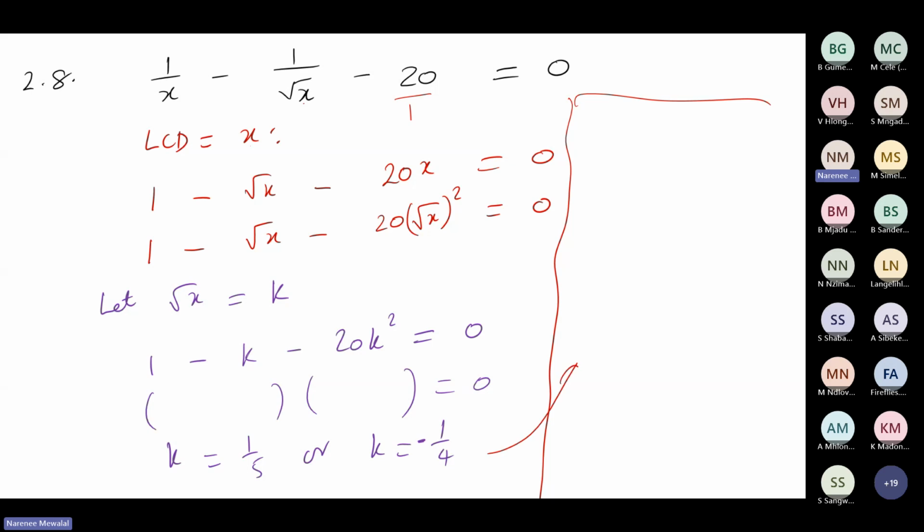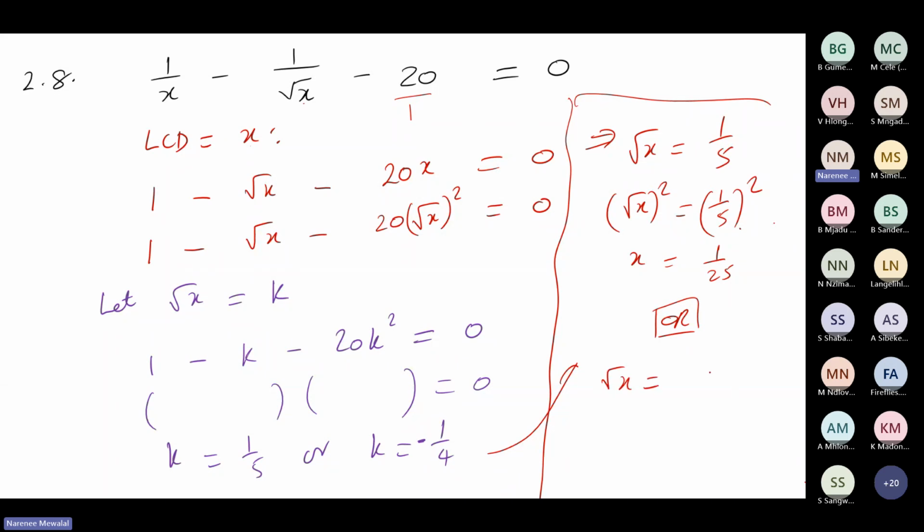So that implies that square root of x is equal to 1/5, and your square root of x all squared is equal to 1/5 all squared. You want to get rid of the square root sign, so you square both sides. And so x is equal to 1/25, or you can say root x is equal to minus 1/4.